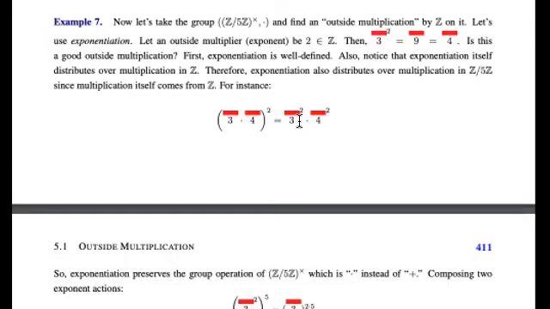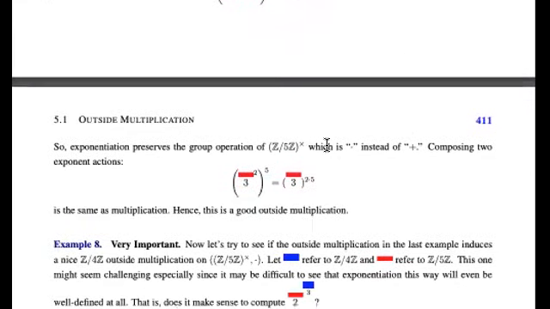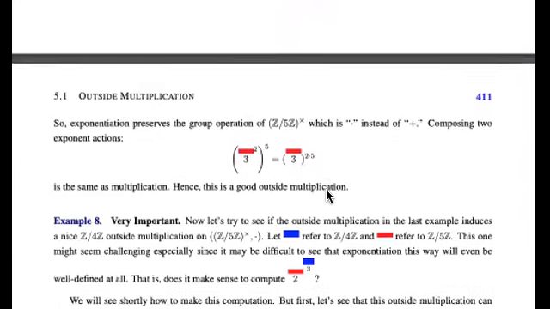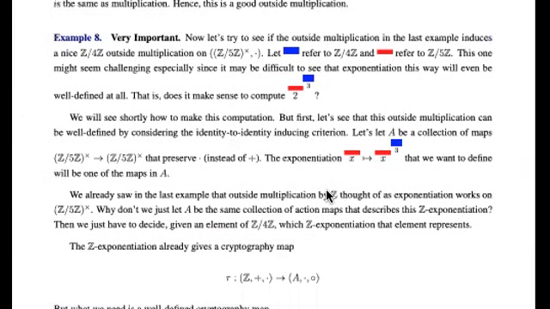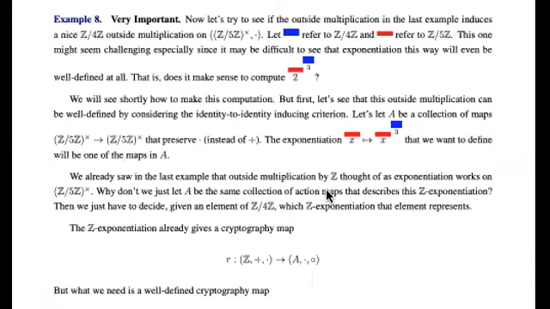So that's already well-defined, and it distributes over the group operation. And if you compose, like do one exponent then another, you actually multiply the exponents. So composition is like multiplication. So this exponentiation actually is a nice outside multiplication, just like here.